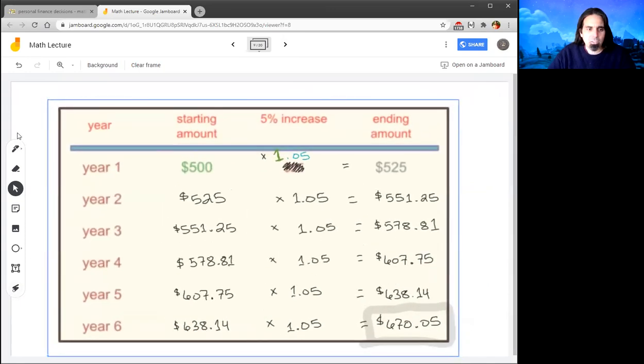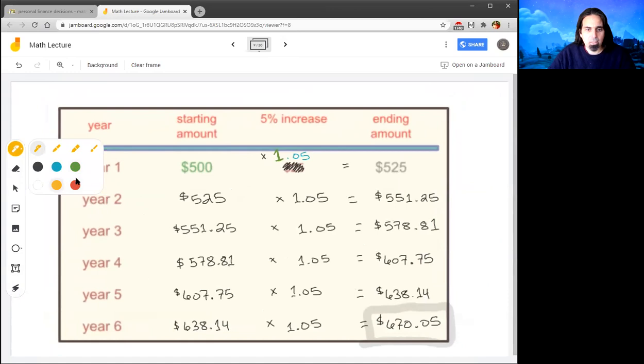Now, we don't actually care that this amount here is 525. We could just take that and rewrite it as 500 times 1.05, because that's what it is, right? That was the 525.